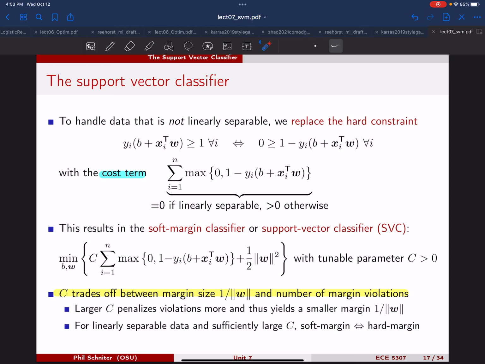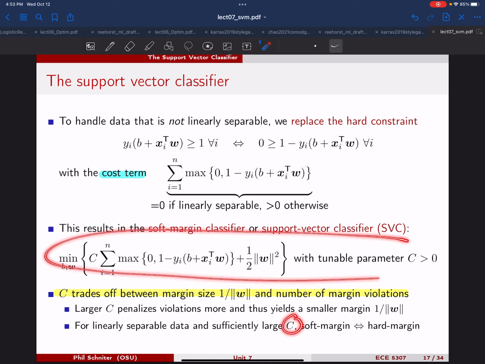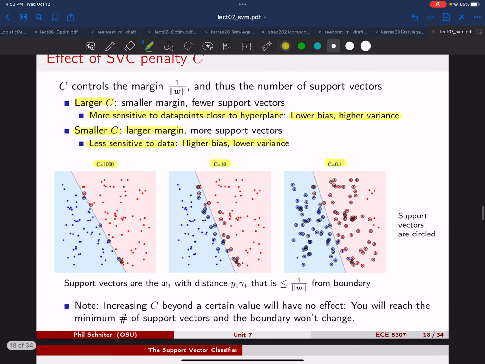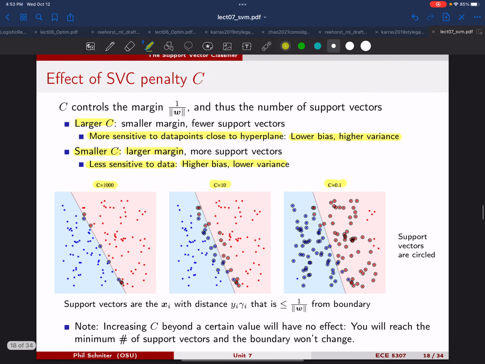It's basically saying, in generalizing our approach, we haven't lost anything. It's always possible to recover that hard margin classifier with the right choice of C and this soft margin classifier, or support vector classifier. Okay, so those are the main ideas about the SVC.